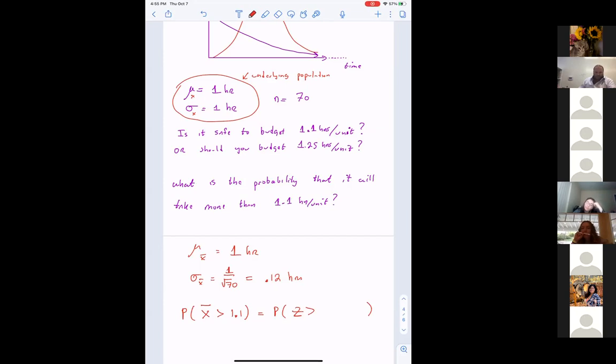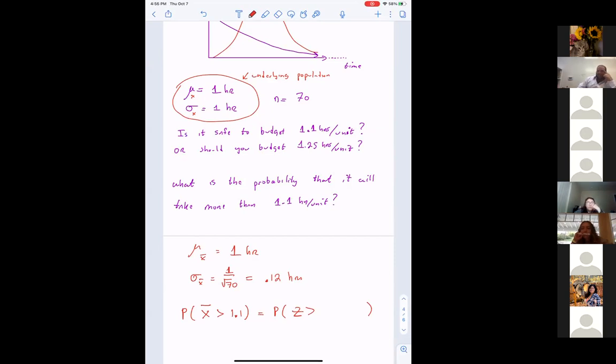The table. I'm not ready for the table until I know my z-score. I can't go to the table until I have a z. I think you looked for 1.1 in the table, but I have to first compute the z.